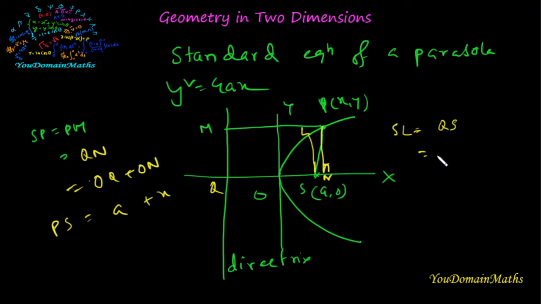So the full length of the latus rectum is defined by LL dash, and we call it 4a.